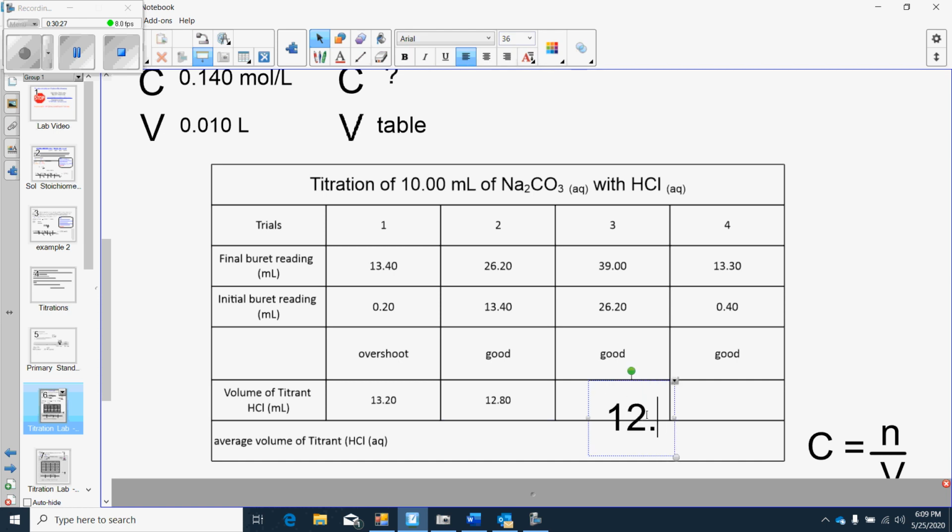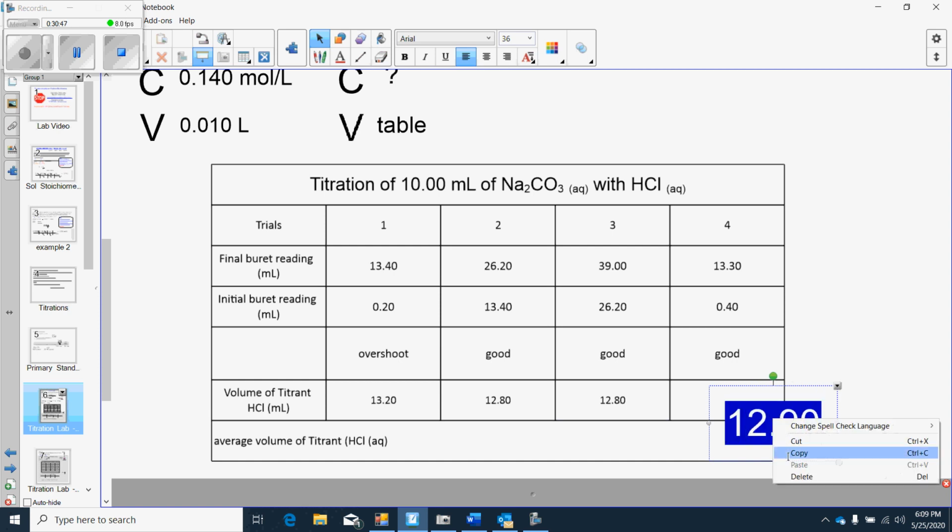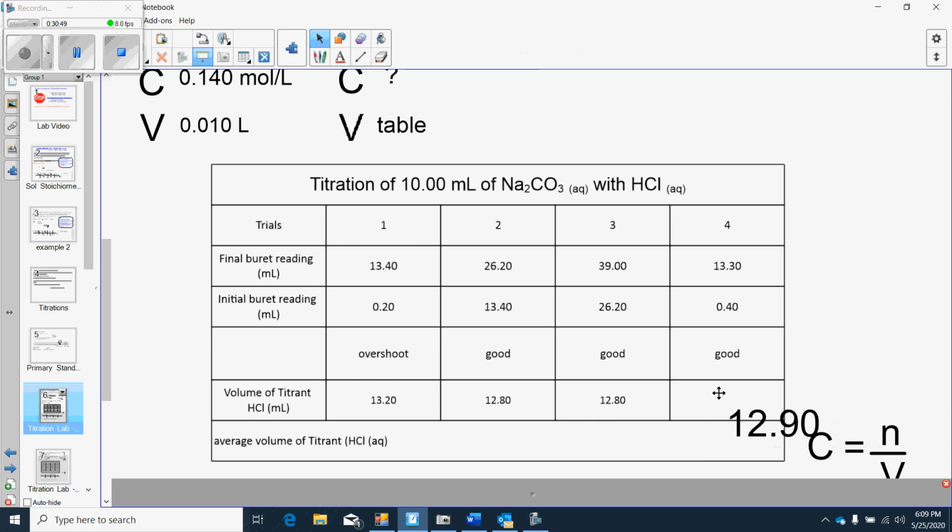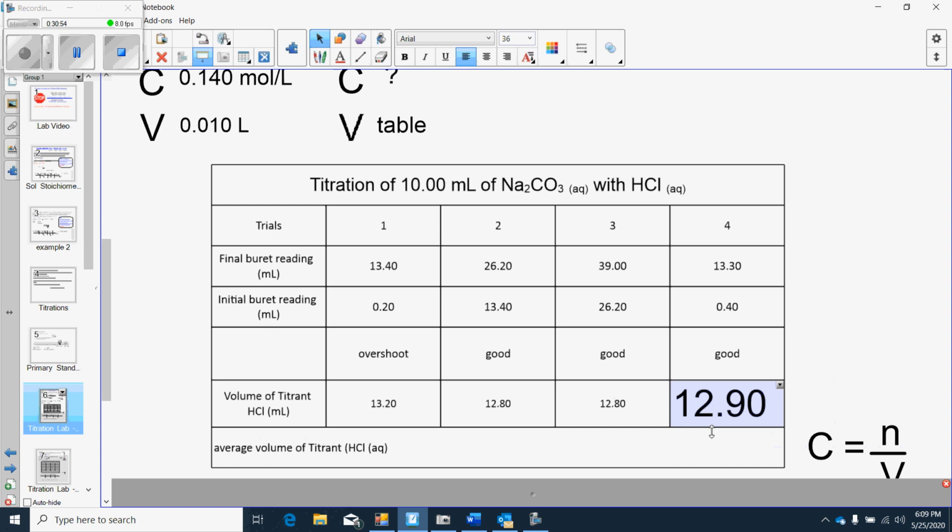Oops, that's not where I want it. Get it in the right table. 12.80. And here it's going to be 12.90. Ugh. When I'm hurrying, that's when this happens.